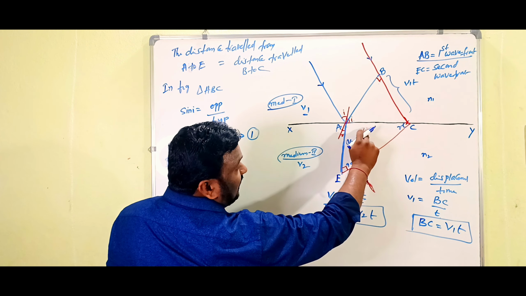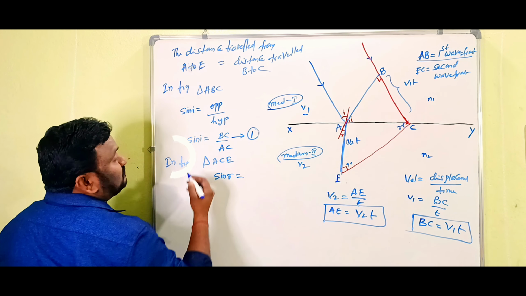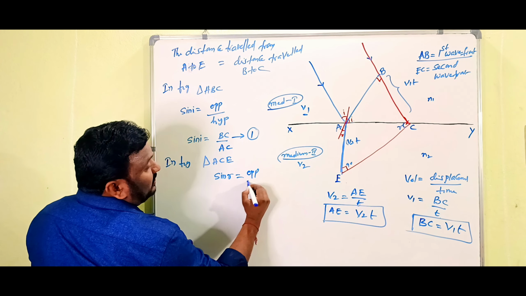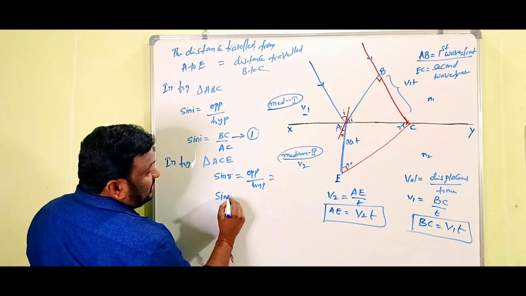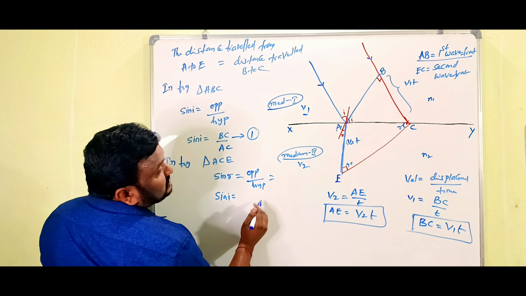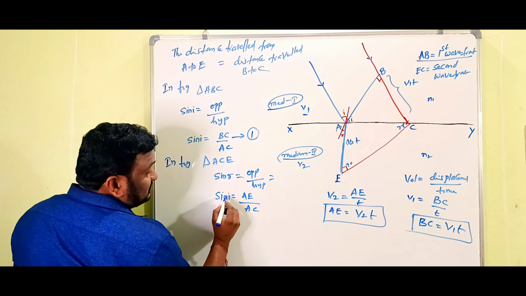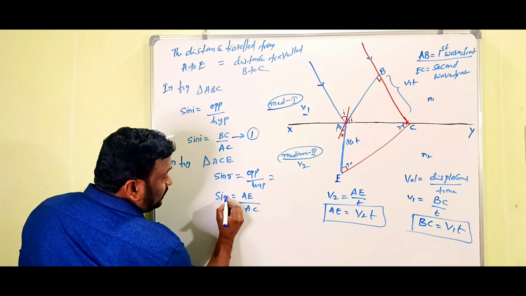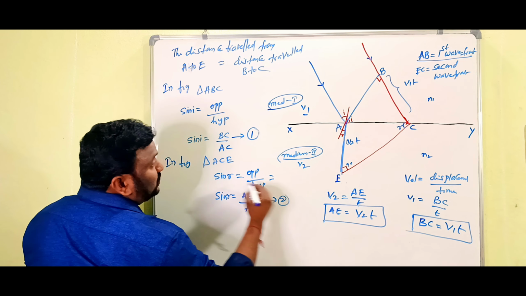The side opposite 90 is the hypotenuse, and the side opposite the angle is the opposite side. So again the same thing, opposite side by hypotenuse. Sin R is equal to AE by AC. This is equation number 2.